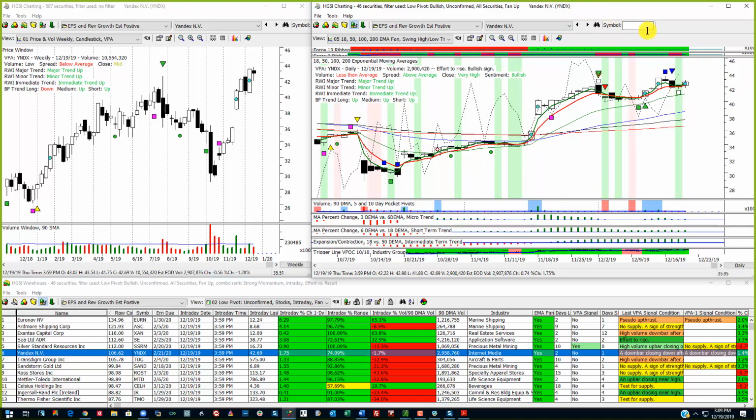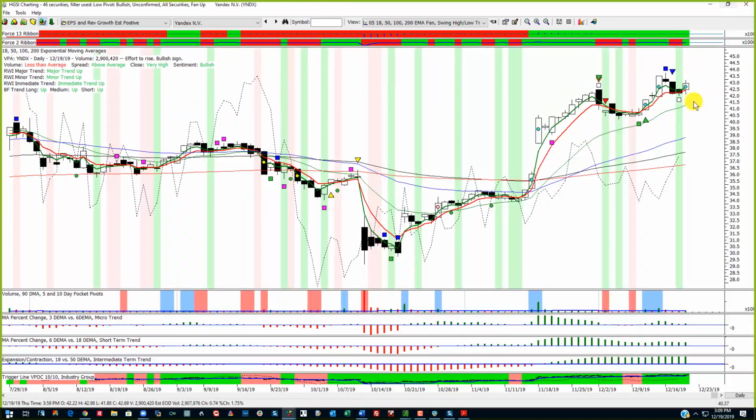So let's just make this full screen. Using the high from yesterday, here's where it opened, it traded down, and it took out yesterday's high. The risk would be just slightly less than the low end of this wick, and you'd be in this stock if you are following these rules.